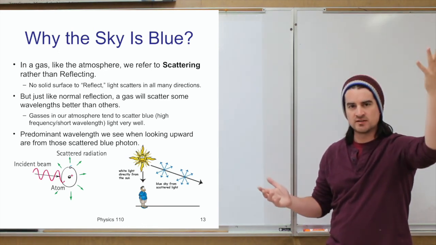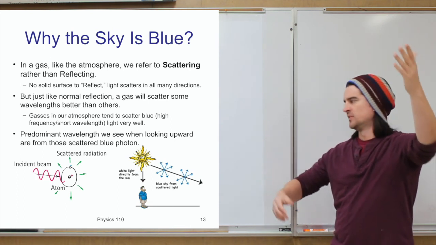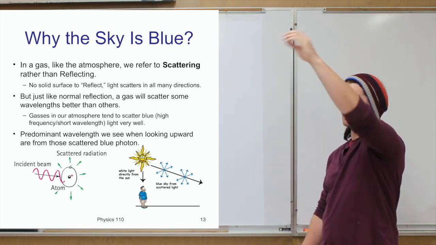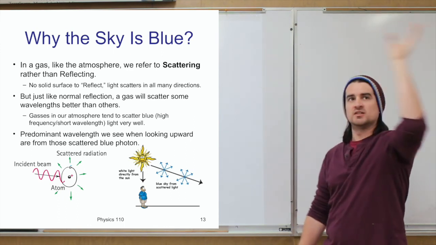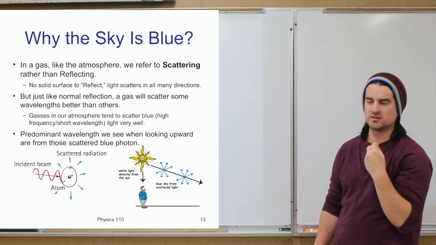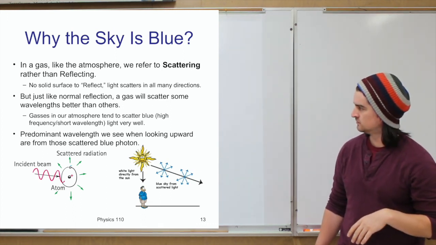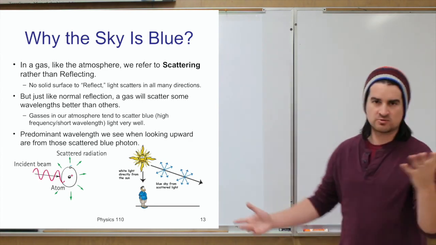Because the sunlight's white, it's made up of a combination of the colors of the spectrum. So the blue light's scattered more, so when you look at a region in the sky, what you're mostly seeing is the blue photons that have been scattered by the atmosphere. Yeah, so that's why the sky's blue.